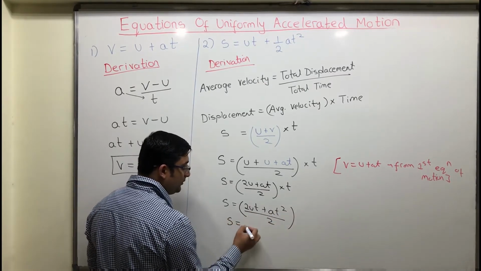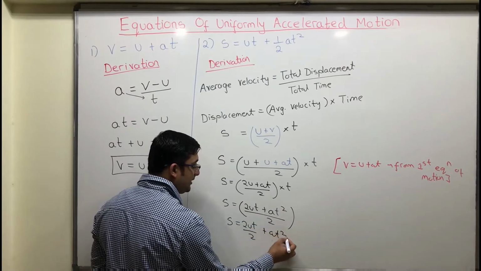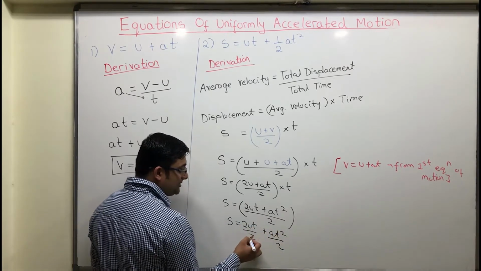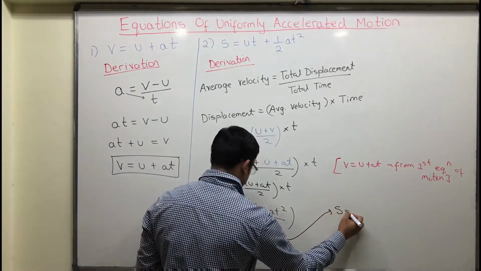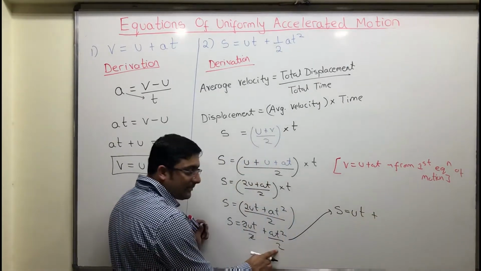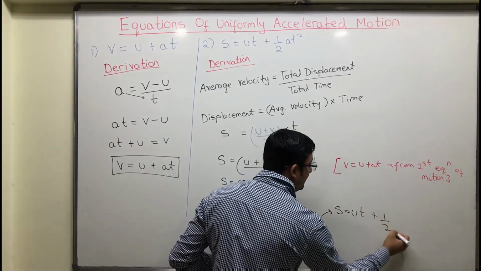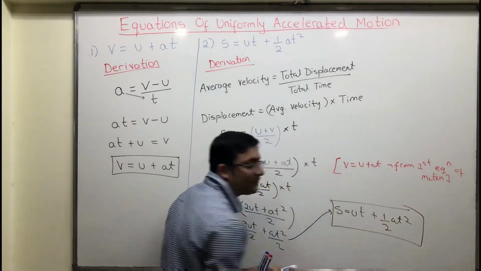So s is equal to 2ut by 2 plus at square by 2. So what happens? This 2 and 2 cancel off. So from here, what do we get? S is equal to ut plus at square by 2. I can write it as half at square. So see, this is how you derive the second equation of motion.